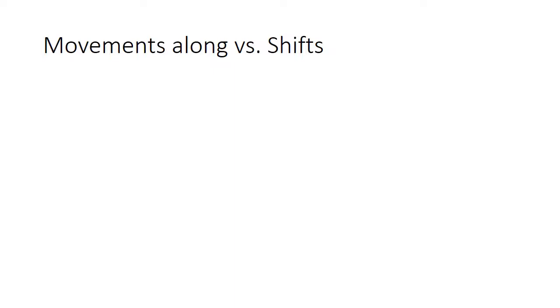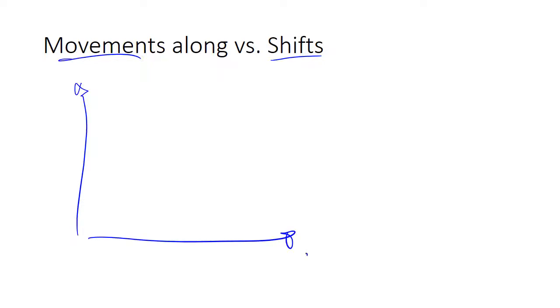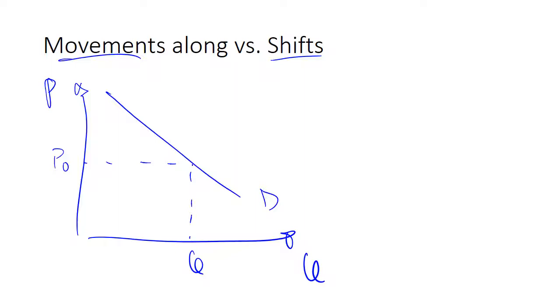Okay, so let's distinguish between movements along and shifts. Movements along are going to be caused by a change in the price of the good in question. And if you're looking at this graphically, what we're talking about is a change in the price of the good in question, and that implies that there should be a change in the quantity demanded that we would want.